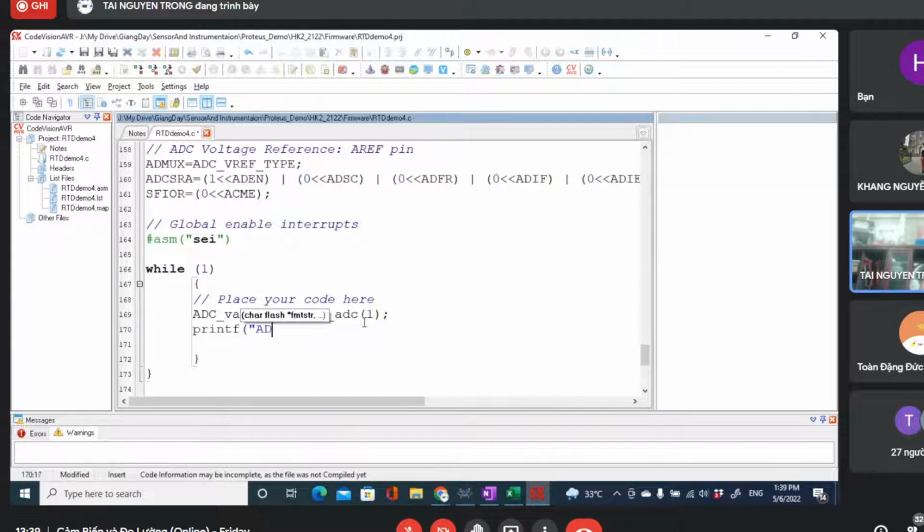Then we print the ADC value, and we take a delay of 0.5 seconds.